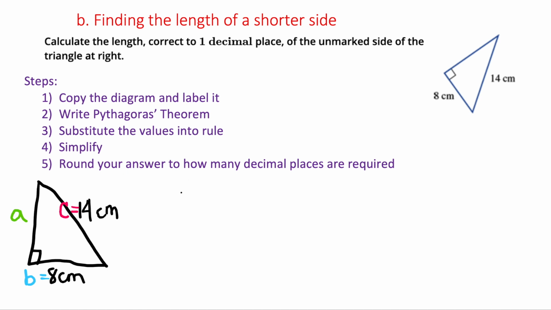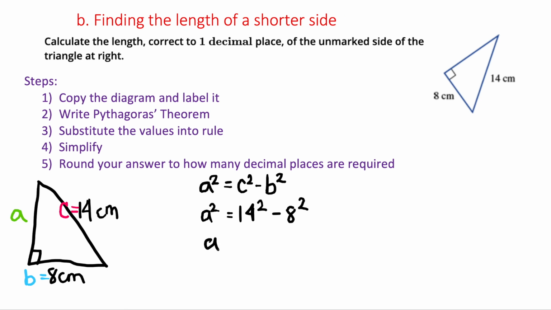Then it says, write the Pythagoras theorem. I'm not going to write it as c squared equals a squared plus b squared, because in this case I'm going to find a. So I'm going to use one of the other modifications that we use: a squared equals c squared take away b squared. Now I'm going to substitute. a squared remains the same. c squared is going to be 14 squared, take away 8 squared.